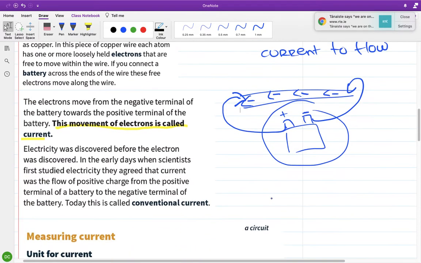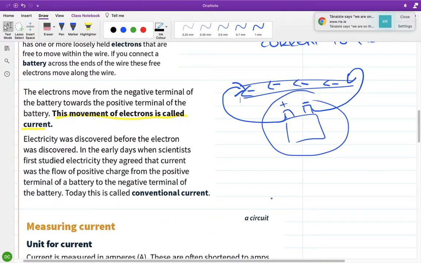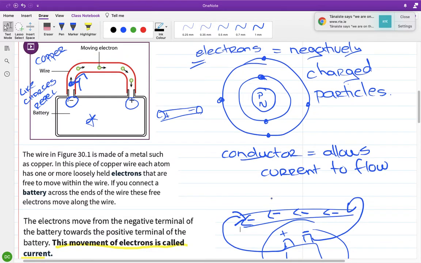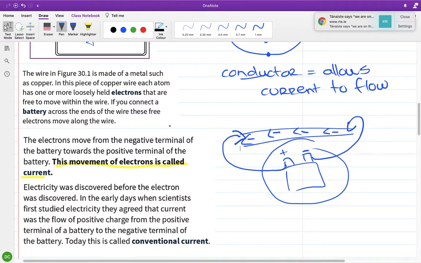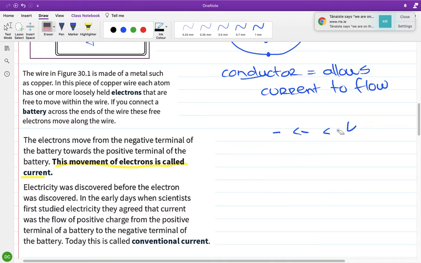Now, this next thing is really annoying, and I can't believe scientists the world over have allowed this to happen. But essentially, you can see it here. Electricity was discovered before the electron was discovered. So you had a load of scientists who, it was actually Benjamin Franklin's fault, if we're going to blame someone.